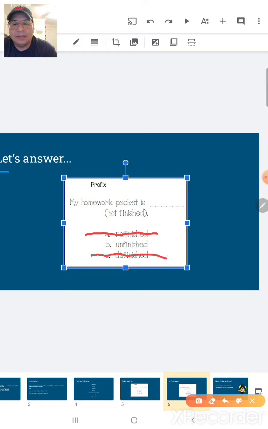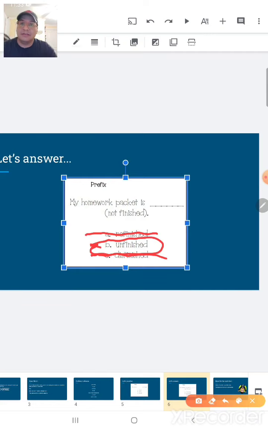It wouldn't be disfinished either. It's pretty much our choice, unfinished, because it just means not, or the opposite of that, right? So not finished, and unfinished is the correct choice. A homework packet is unfinished.